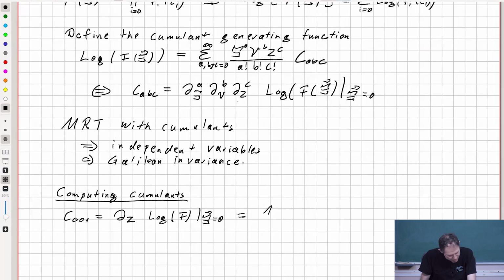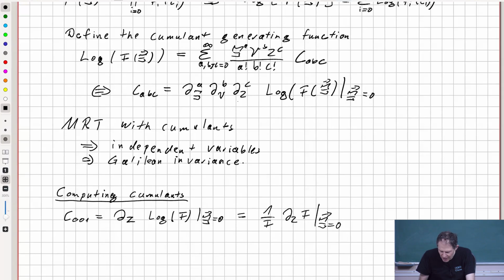You have to differentiate the logarithm. The logarithm gives you 1 over f, times the internal derivative, that is the derivative of f with respect to zeta, and now you have to apply this at xi equal to 0.